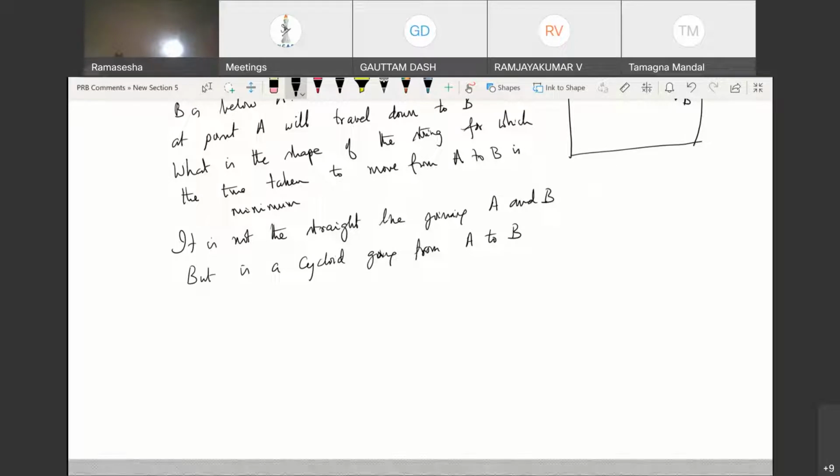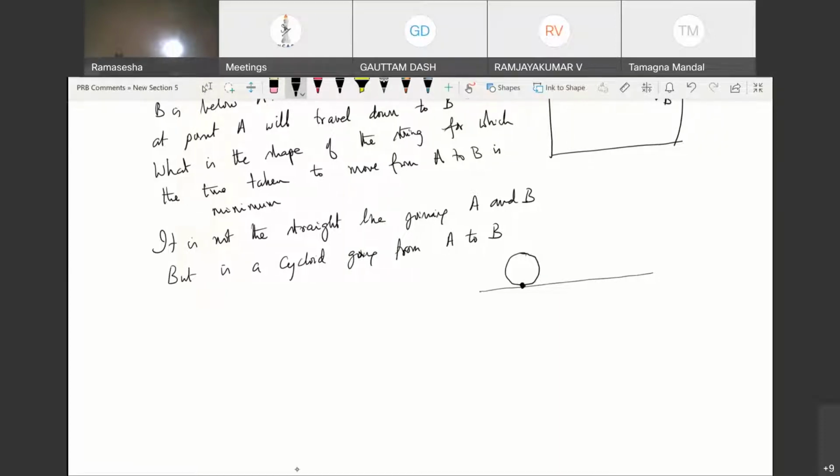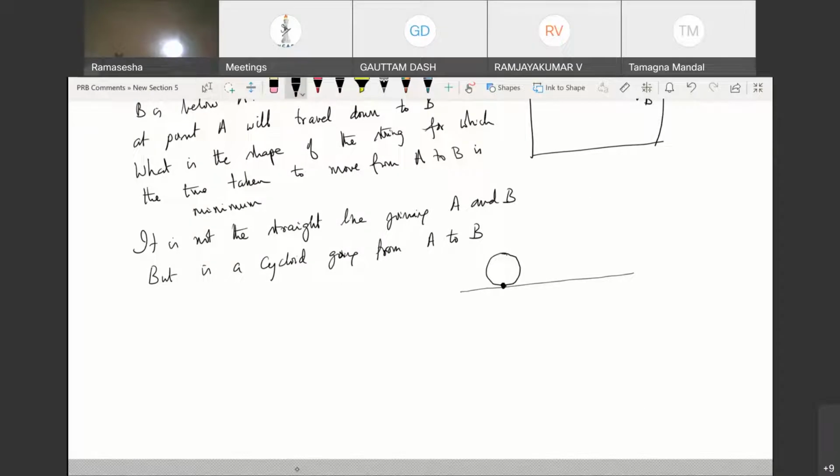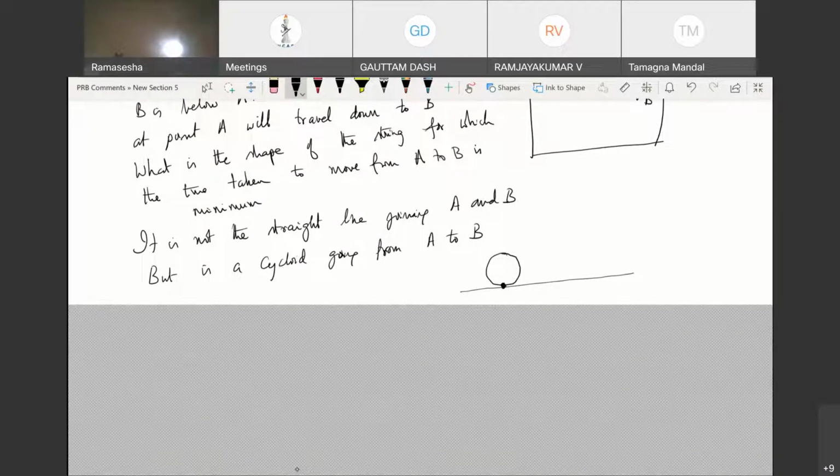You know, a cycloid is what you get when you take a circle or a wheel, put a patch somewhere on this wheel, and then roll the wheel down. When you roll this wheel, the point starts going up as you keep rolling the wheel.